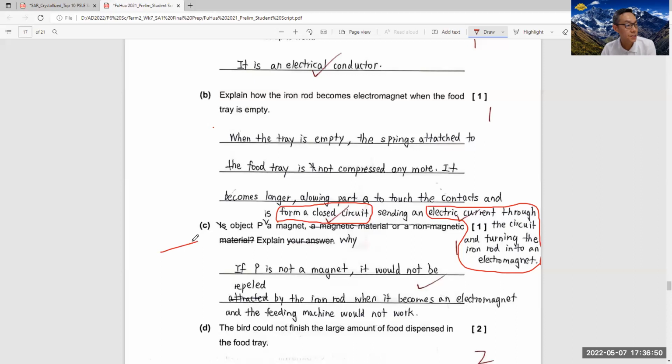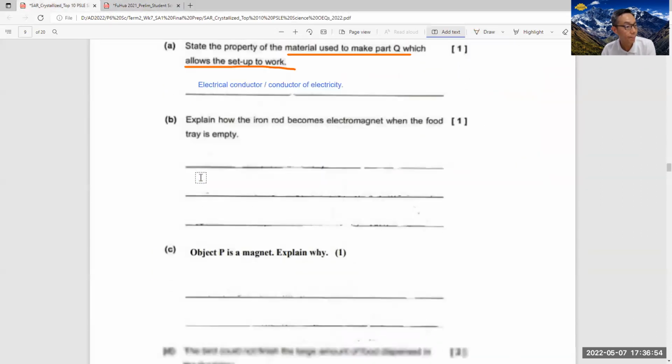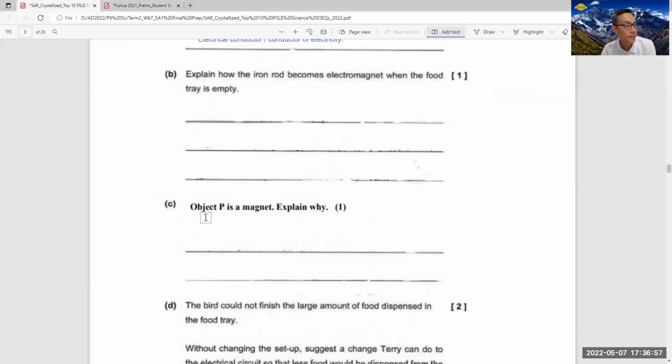Okay, I have changed this question C this way. I say that object P is a magnet. Explain why. The reason is very simple. Only a magnet can be repelled by another magnet.